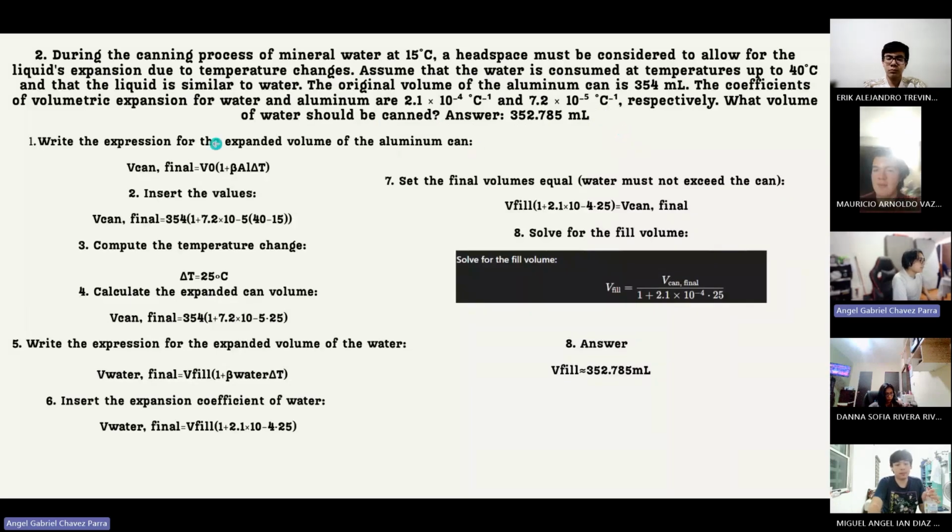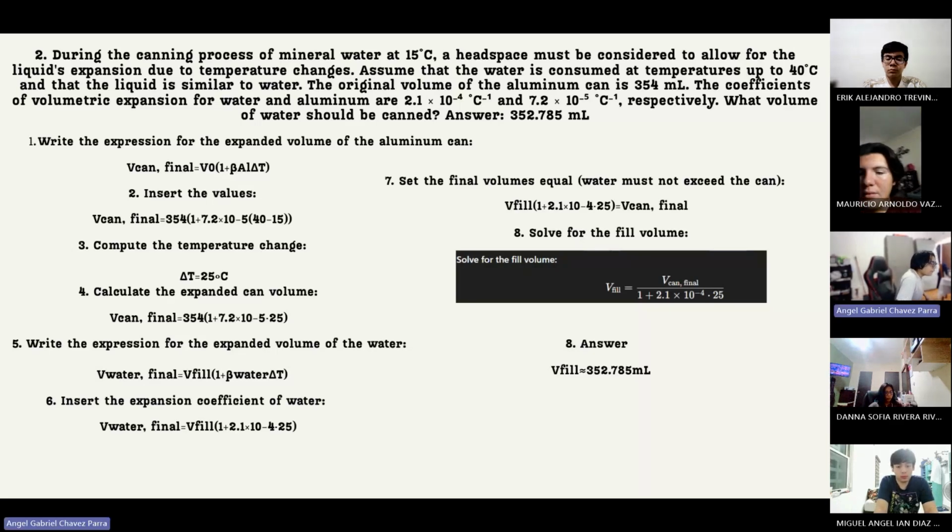352.785 ml. Step 1: write the expansion for the expanded volume of the aluminum can: V_can final equals V0 (1 plus beta delta T). Step 2: insert the values.